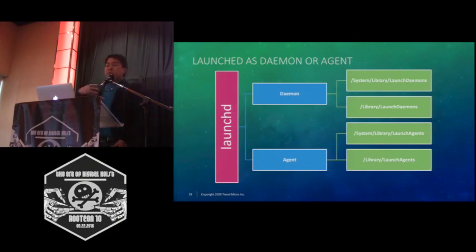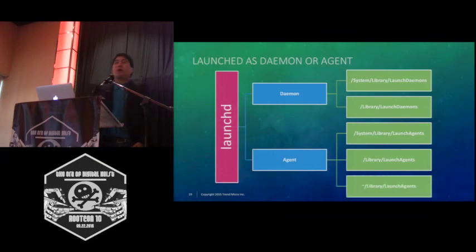So daemons and agents could still be used as persistence. Unlike Windows, which would have a registry, right? Registries that define specific settings or configurations for the whole machine or for a specific user. But in Mac OS, it's a different thing.